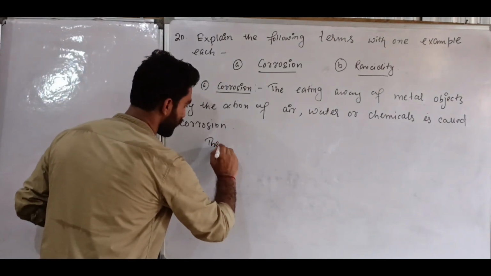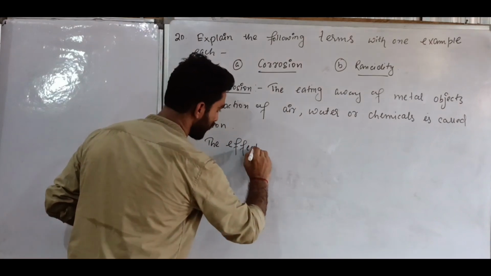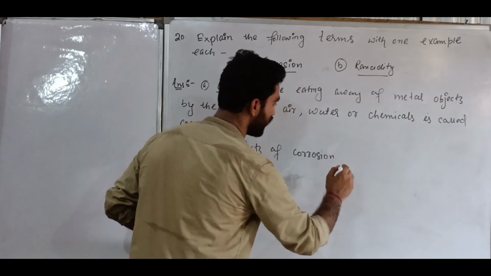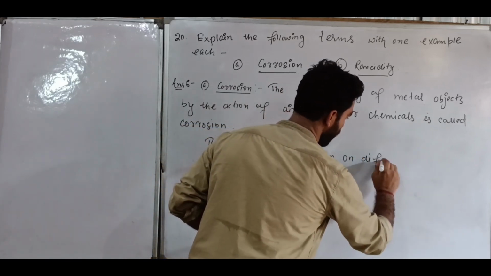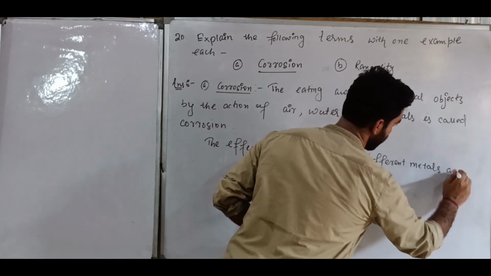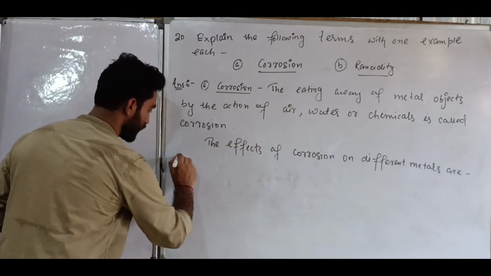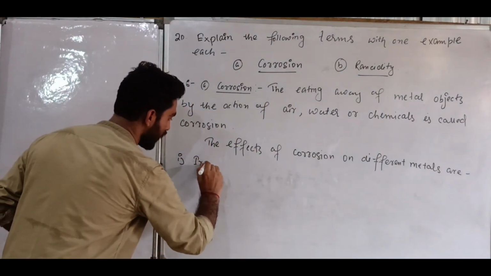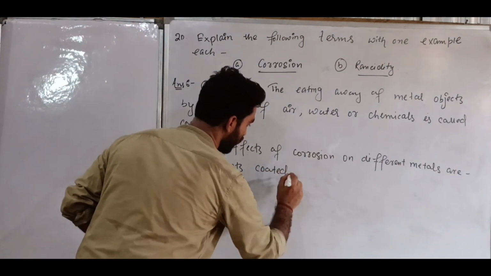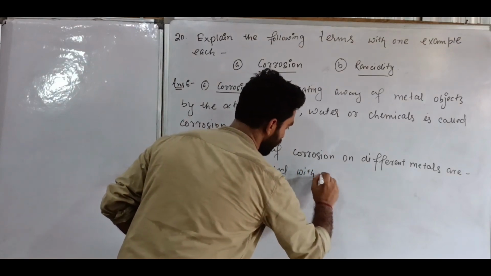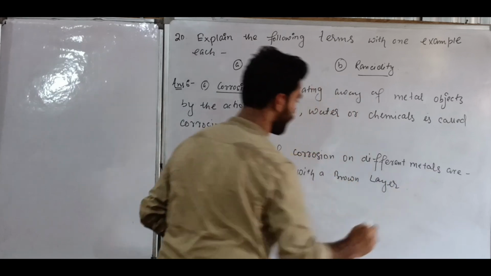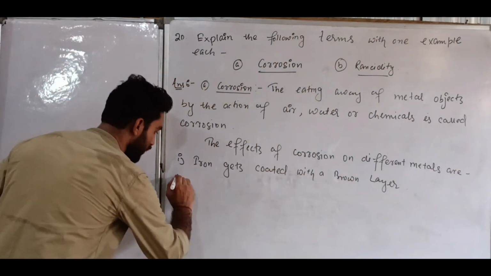Now the effects of corrosion on different metals are: first one, iron gets coated with a brown layer, that is the rusting of iron.